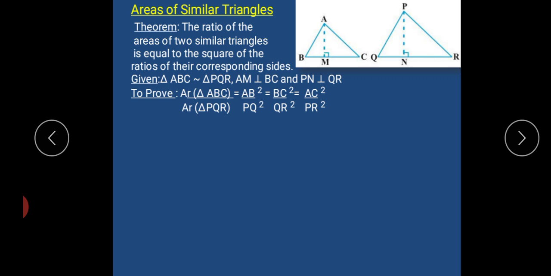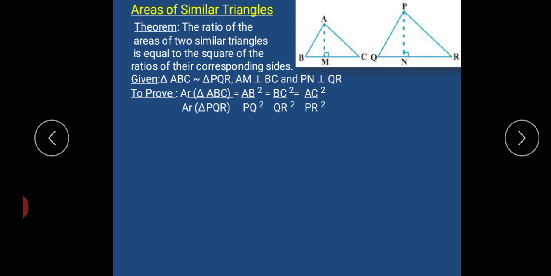What is asked to prove is, see the statement, the ratio of the areas of two similar triangles, that is area triangle ABC upon area triangle PQR, is equal to the square of the ratios of their corresponding sides, that is AB square upon PQ square, because AB and PQ are corresponding sides, BC square upon QR square is equal to AC square upon PR square.